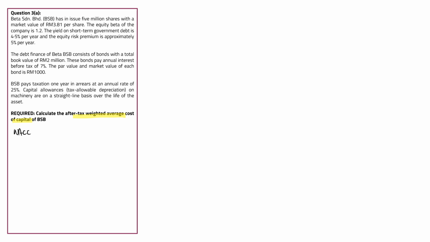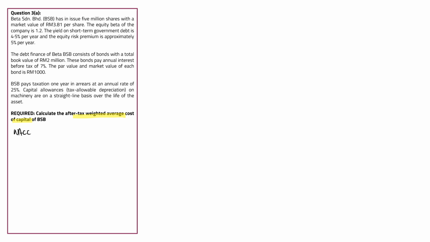If you still remember, in my illustration slide, I said that when we try to calculate NPV, we try to discount back to the present value using either the WACC or discount rate or required rate of return. So this is actually how we arrive at that WACC.